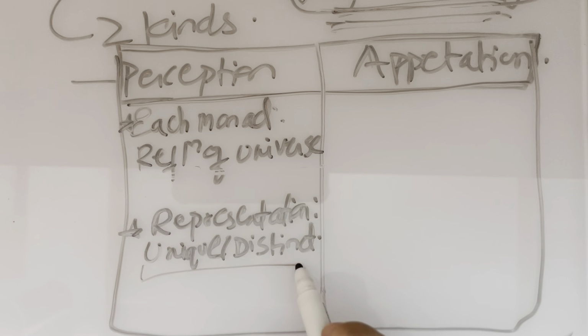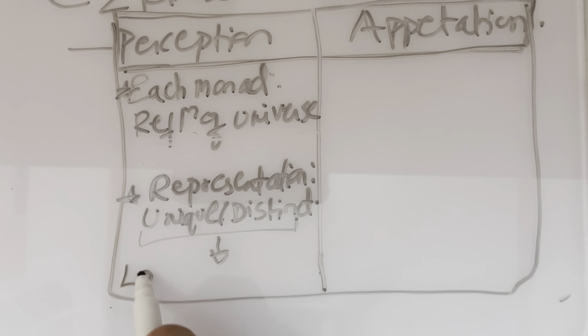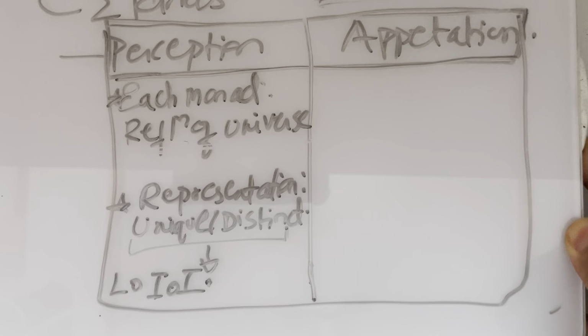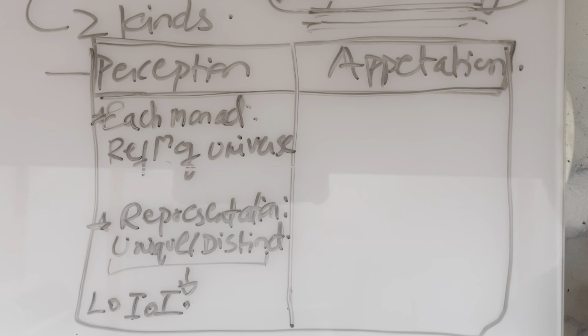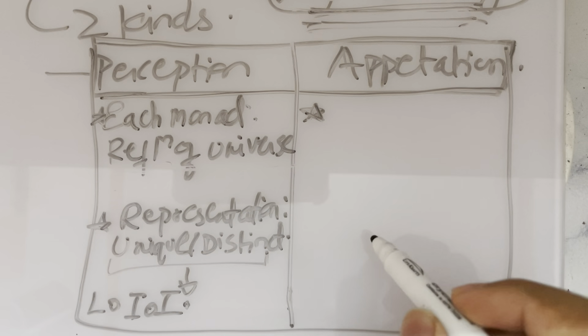This logically brings us to the law of identity of indiscernibles. We will take this up independently later, but now, to make a comparison between the two kinds of activities, let us explore what he means by appetition.